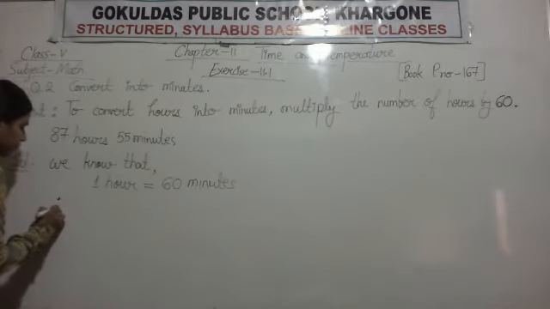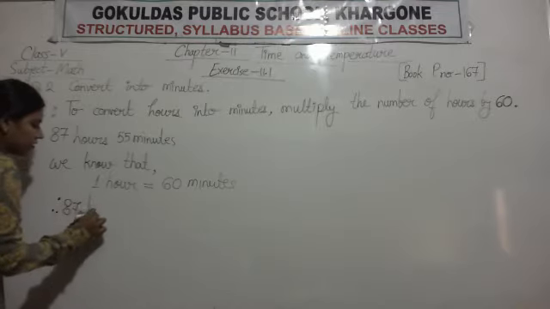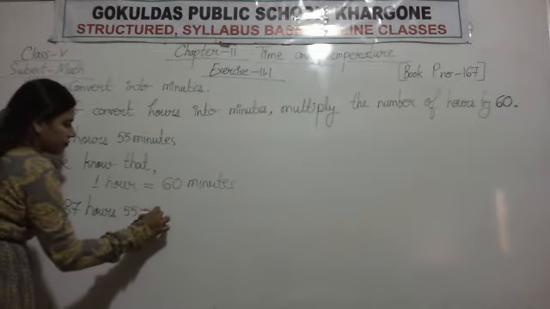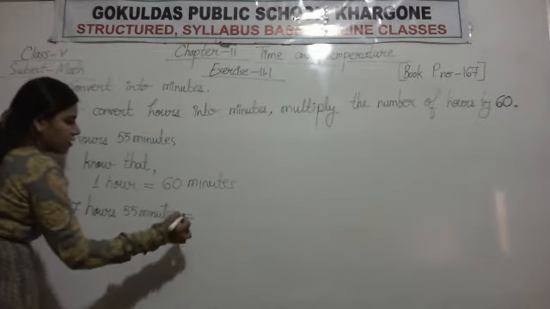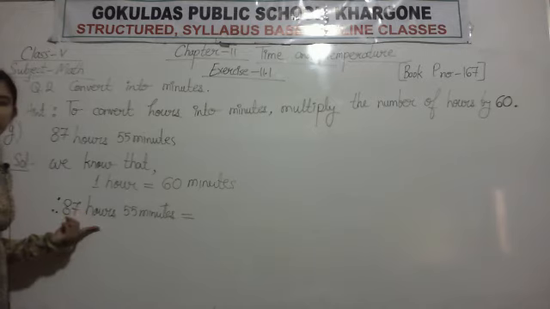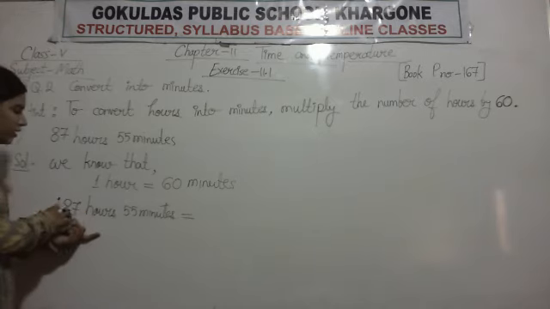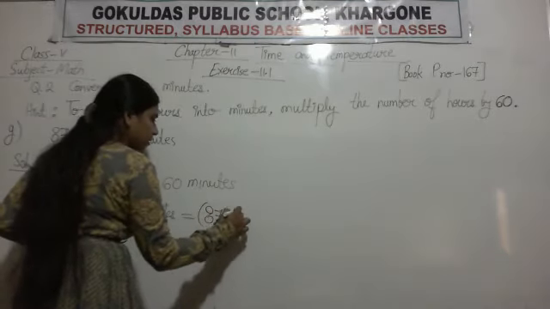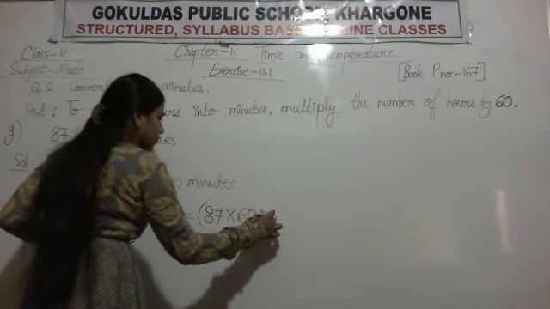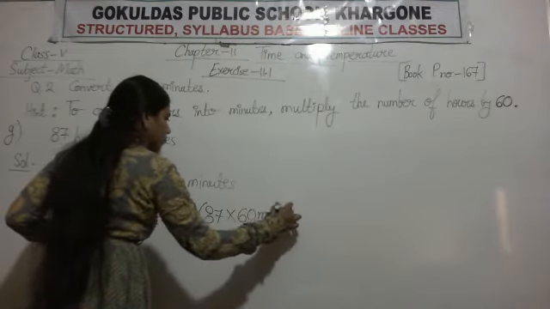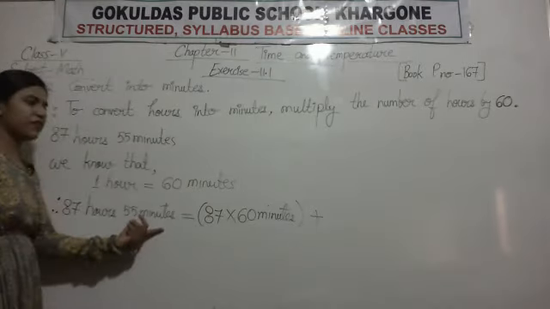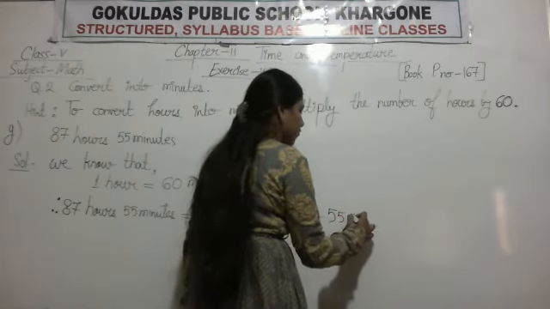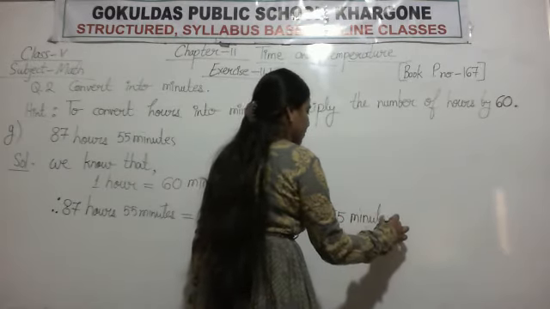Therefore, 87 hours 55 minutes is equal to, we are converting 87 hours into minutes, so we will multiply 87 by 60 minutes, plus 55 is already in minutes, so we will write it as it is, plus 55 minutes.